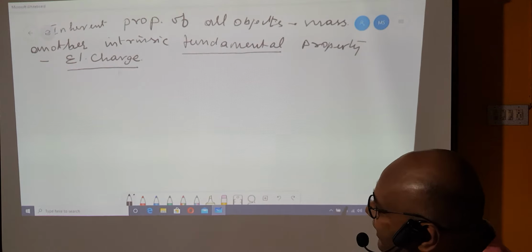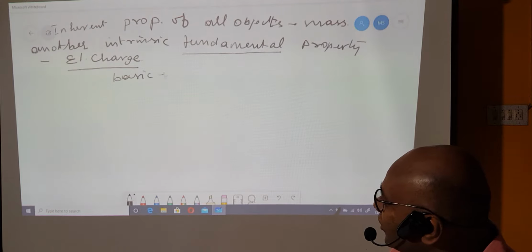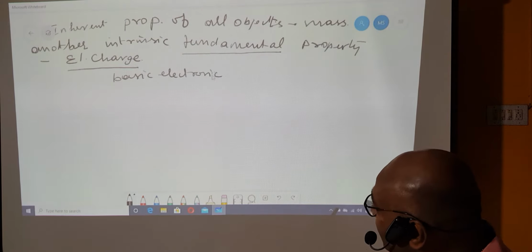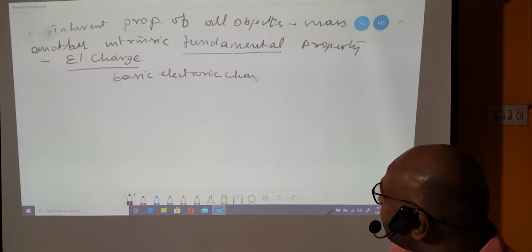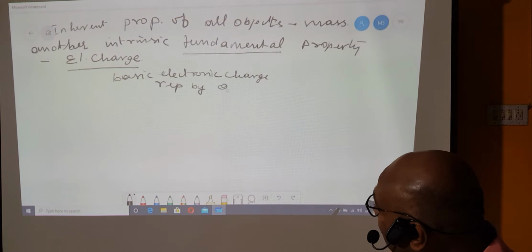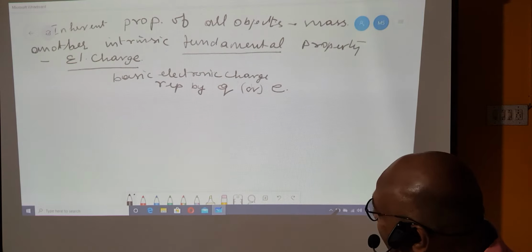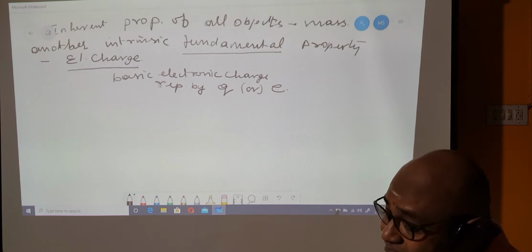The fundamental electrical charge is taken to be the basic electronic charge. It is generally represented by either Q or e. Then how is it measured?